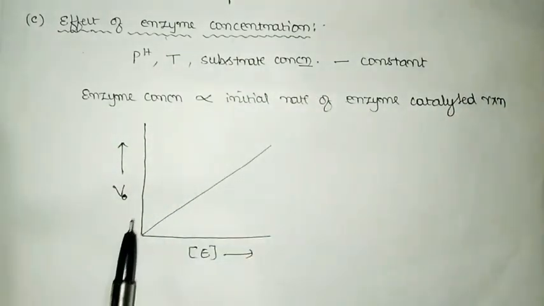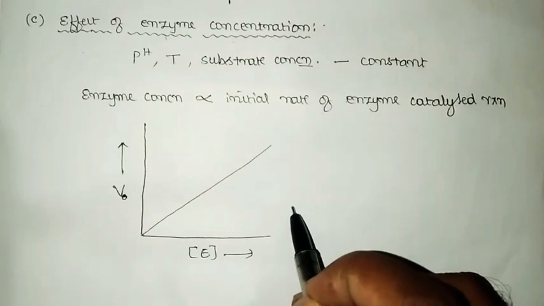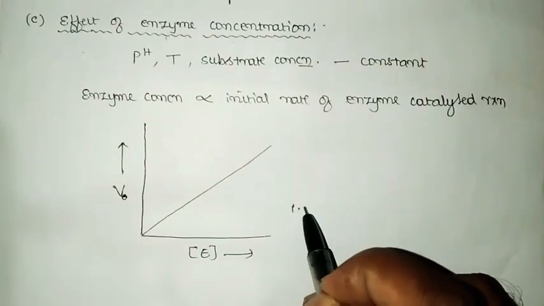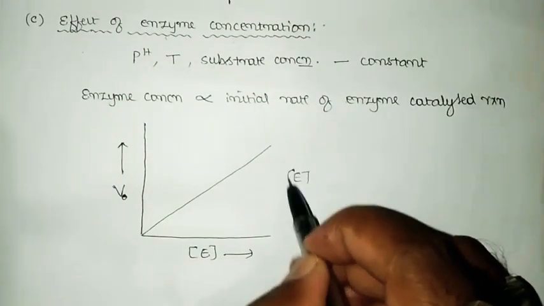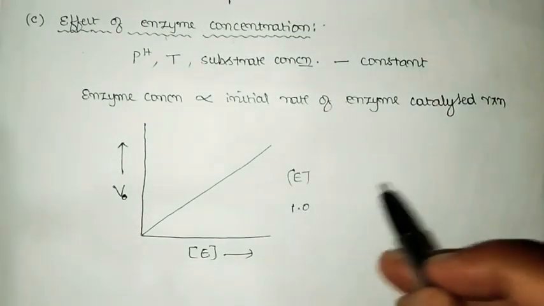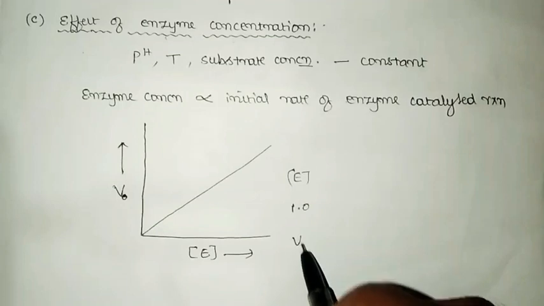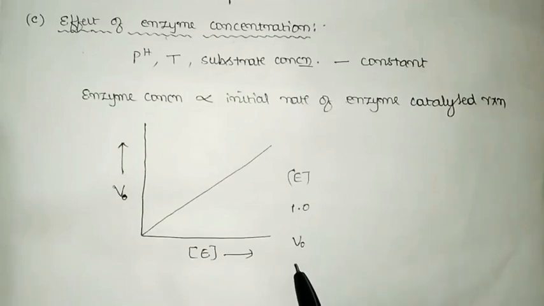For example, if the concentration of the enzyme is 1 mole per dm cube, then the corresponding V naught, let me say, is around 1.3 into 10 to the power of minus 3.